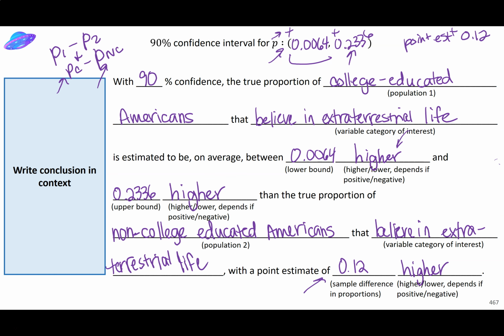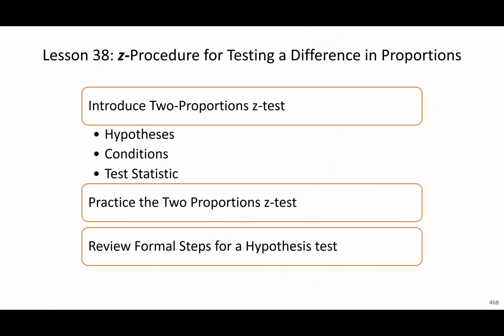With a point estimate, so this is p hat 1 minus p hat 2 from samples, higher, because that's also positive. So that would be our write-up. And I believe, yep, sure enough, our next step is going to be doing a hypothesis test for a difference in proportions. So we'll see you in a few.